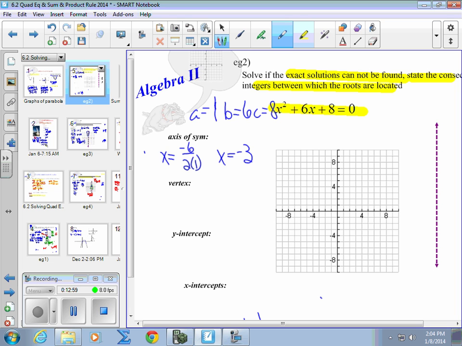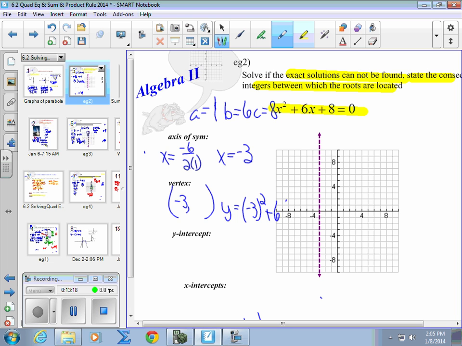Correct me if I'm wrong. The vertex, once again, we're going to take our negative 3 and plug it in the function. So we get y is equal to negative 3 squared plus 6 times negative 3 plus 8.